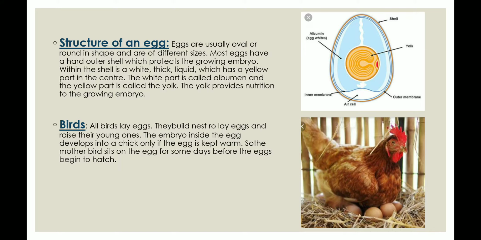Now the mother bird sits on the egg for some days before the egg begins to hatch. So what does the mother do? In order to keep the egg warm, she sits on top of the egg, so that after the embryo is developed inside the eggs, these eggs will begin to hatch.